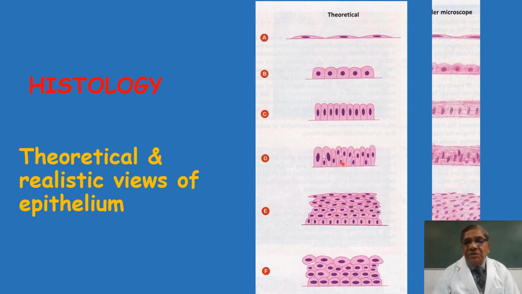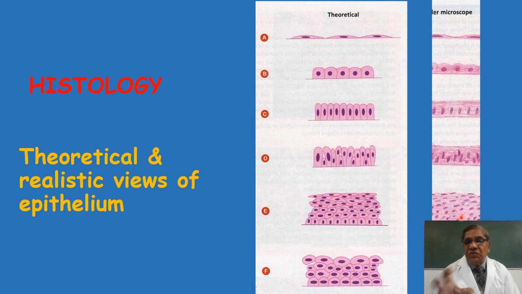Similarly, in the stratified epithelium you will see this kind of picture. See this in the transitional as well as in the stratified squamous, no boundary of the cell is seen. Why this difference?